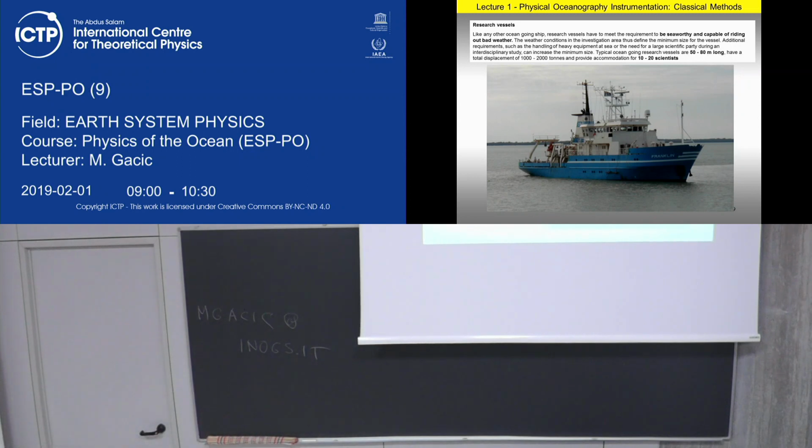Usually that's one of the research vessel, a seagoing ship that has to be seaworthy and capable of riding out bad weather, because you have to be able to do the measurements not with this kind of sea, but with the high waves.